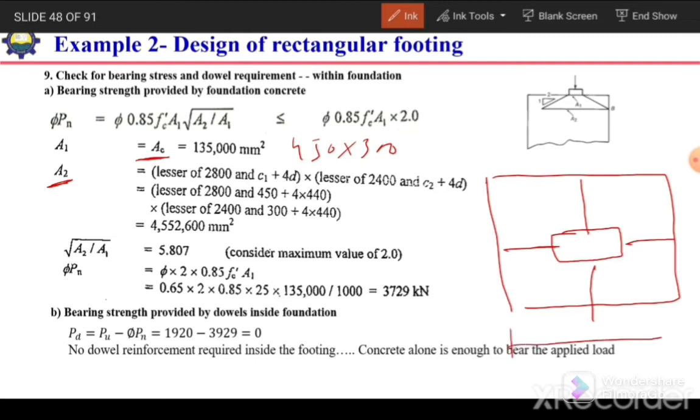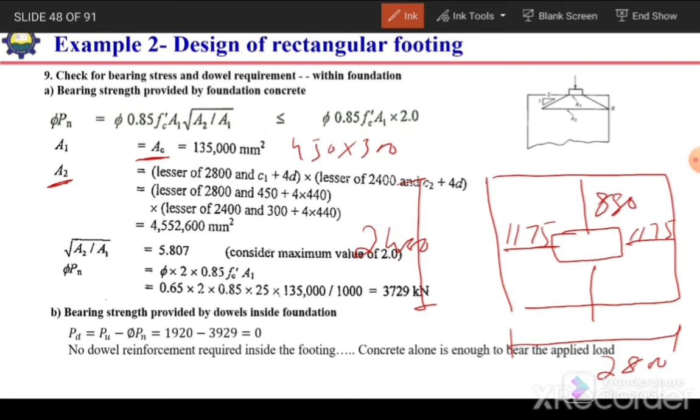This total is 2800, this total is 2400. The projection on one side is 2800 minus C1, which is 450, divided by 2, so it is 1175. So the projection on this side and this side is 1175.